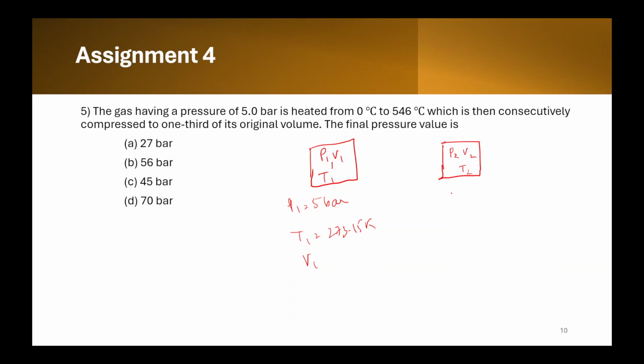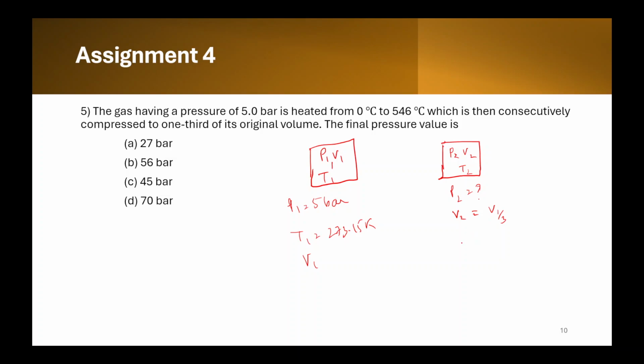And then we don't know P2. V2 is given by this relation. So V2 is 1/3 of the initial value, so V1 by 3.